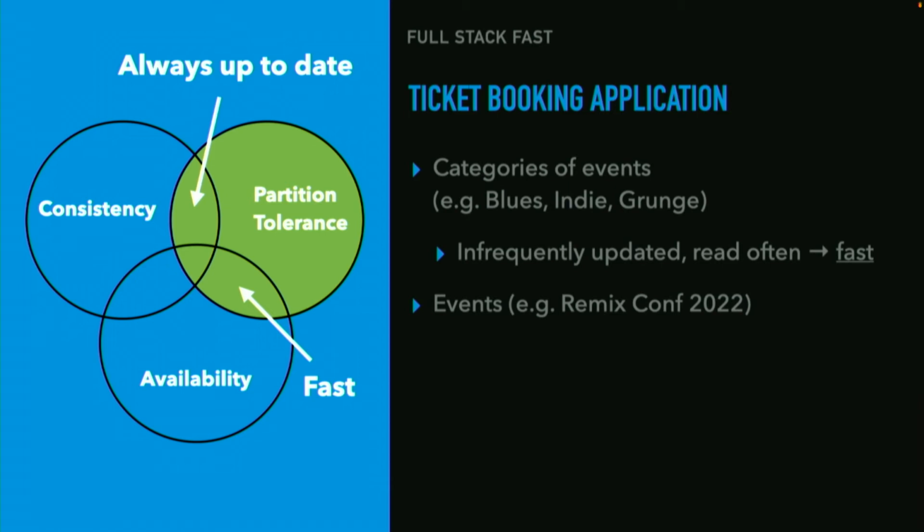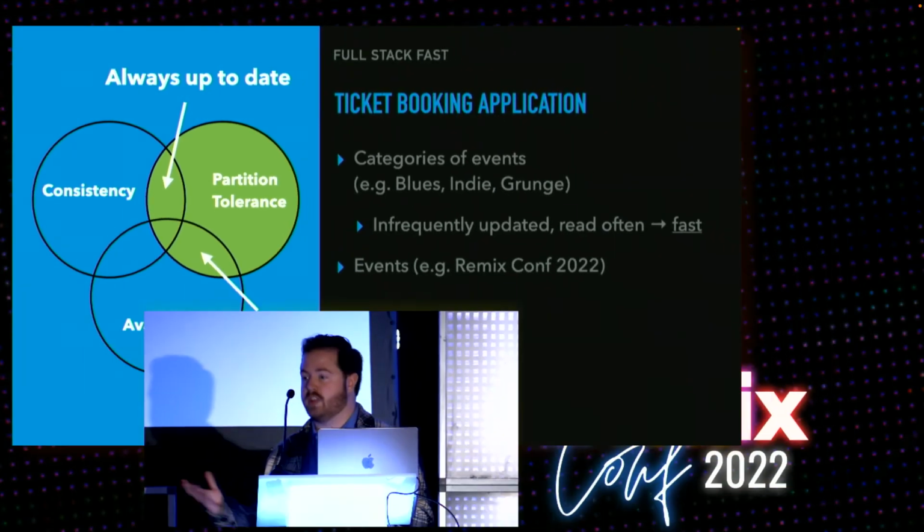Something like the events of your actual app is maybe starting to blur the lines a little bit, where they're getting updated more frequently than categories. But in the grand scheme of this data talk, it's actually still quite infrequent. You're maybe only updating them once a day or whatever. And if you have a little bit of inconsistency, where someone's maybe 60 seconds out of date, it's not the end of the world.